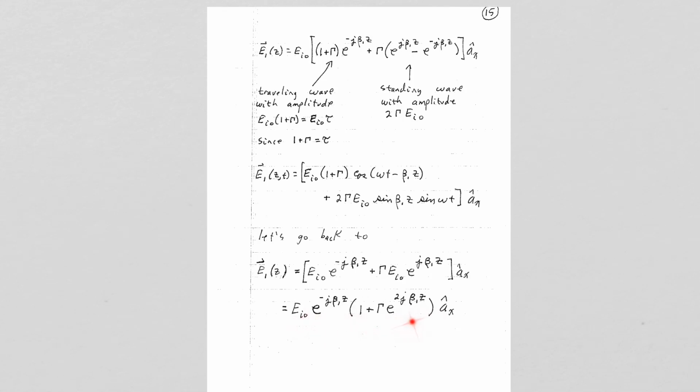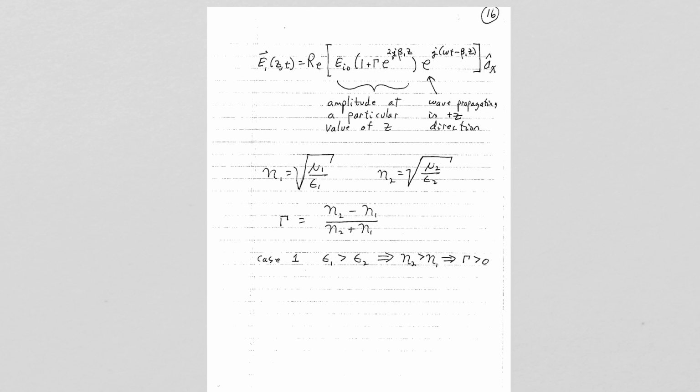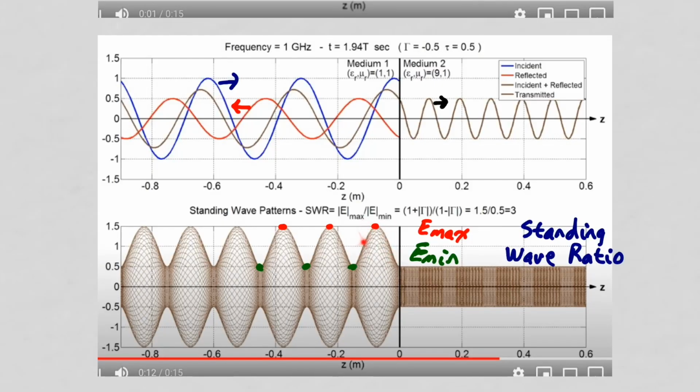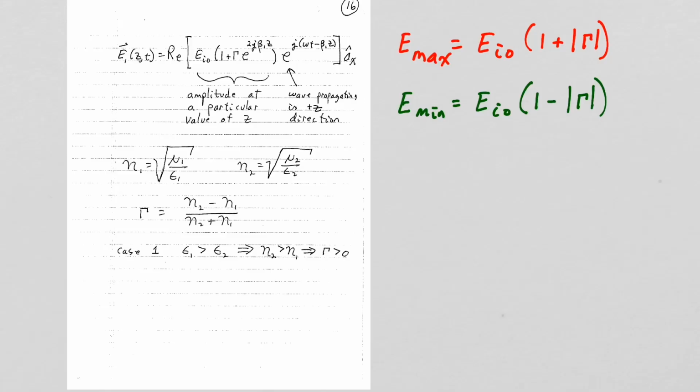So if we multiply this by e to the j omega t and incorporate that j omega t in this first term and move it over here, this is the form for our electric field intensity in material 1. So you see we have a propagating wave with our amplitude that varies with position. That variation in amplitude with position is what we saw here in this animation.